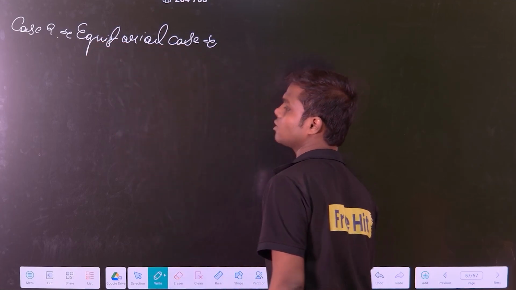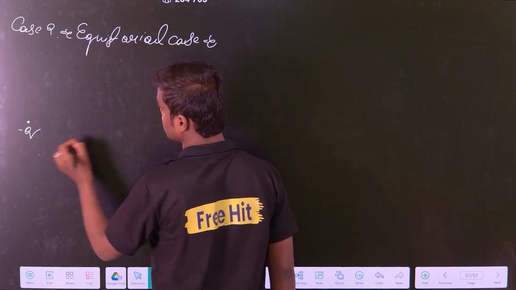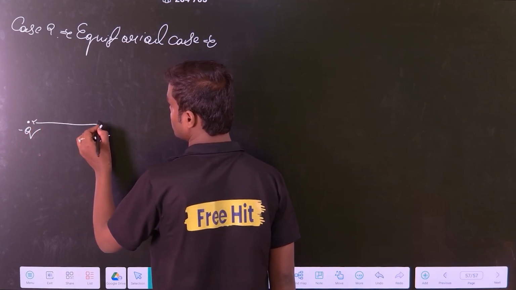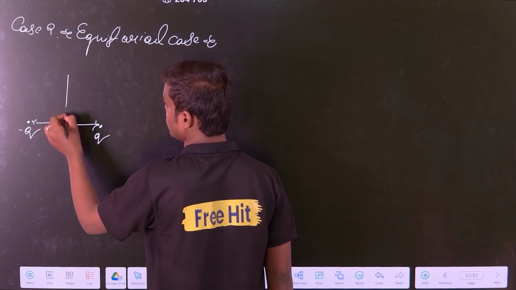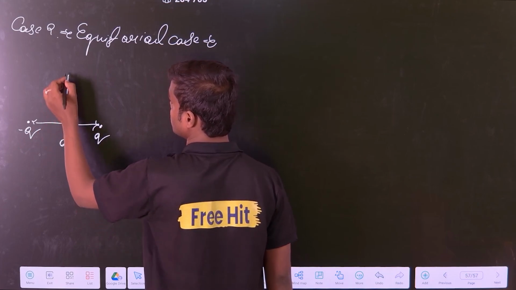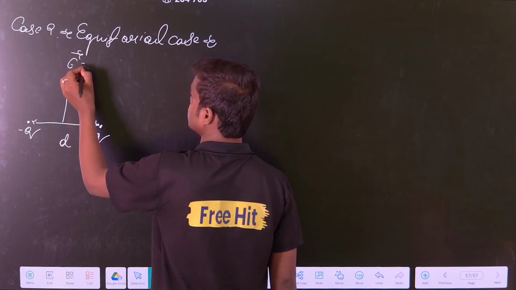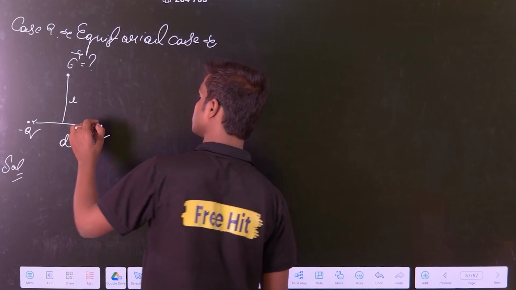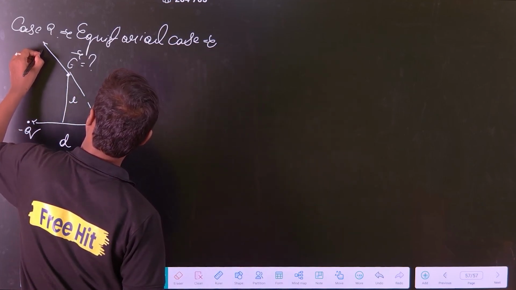Equatorial. In the equatorial case, suppose this is my minus q, this is my plus q, and this distance is d, and from the perpendicular distance L, I want to calculate the electric field at this point. So how to calculate? Very simple. Due to this charge, the electric field will be in this direction, correct?